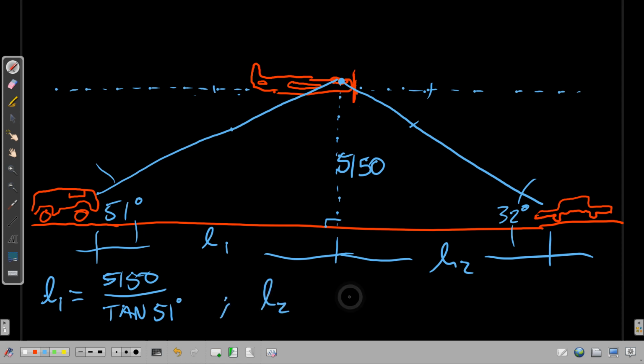And we have that L2 would be 5150 over tangent 32. And you just add them together. And that's the assignment.